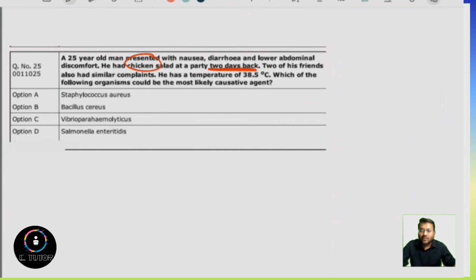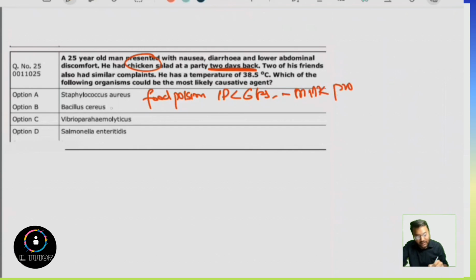So Staphylococcus aureus will lead to food poisoning, but the incubation period is less than 6 hours and it occurs after milk products. Bacillus cereus has an incubation period of less than 24 hours in the diarrheal type and less than 6 hours in the emetic type.